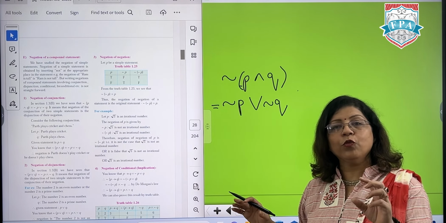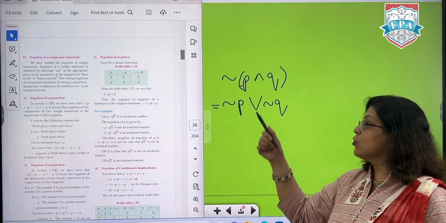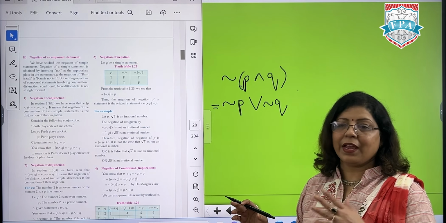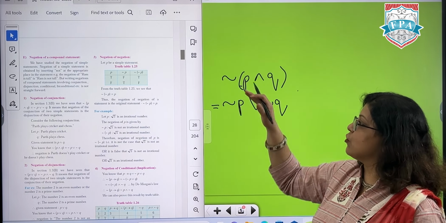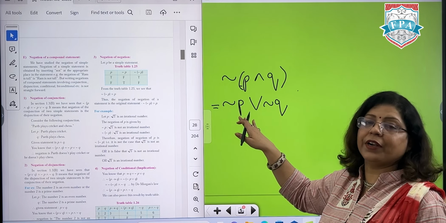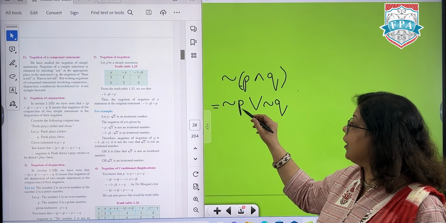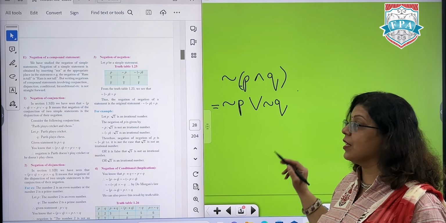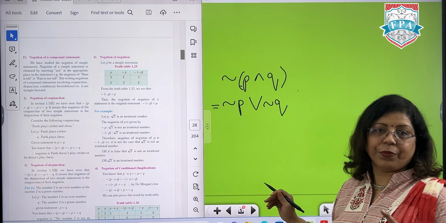Equivalent means the value will always be the same. It's not a dual, it's not something where we use quantifiers, we are just writing the same negation in a different format. So negation of P or negation of Q is the negation of conjunction.